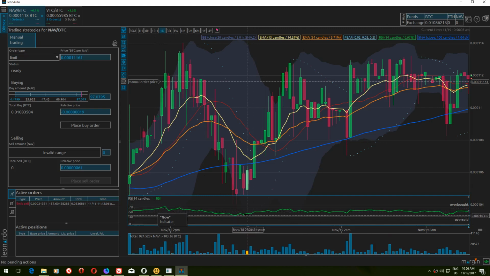What this indicator tells me is that if it goes above the 70 line, it means it's time to sell, so I'm not going to buy anything at this point. And if it's below the 30 line, that means perhaps it's time to buy. So if I wanted to trade here using just this indicator, at this point it probably wouldn't be a bad idea to buy.